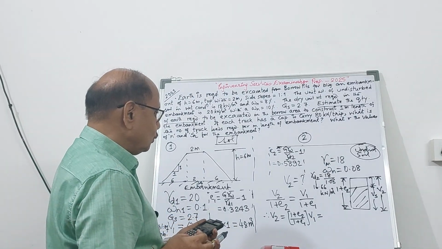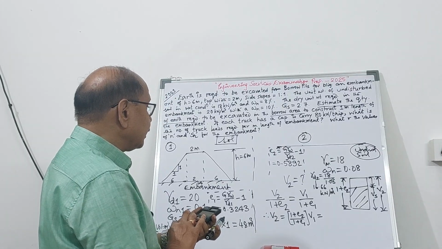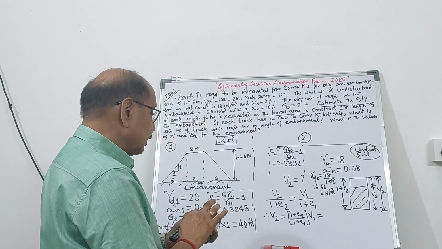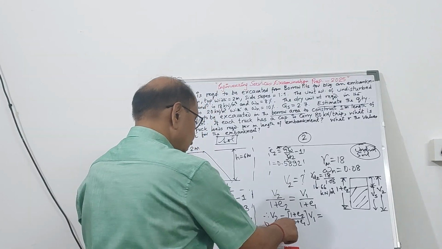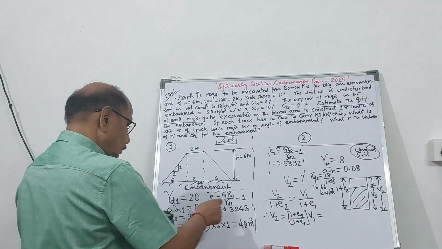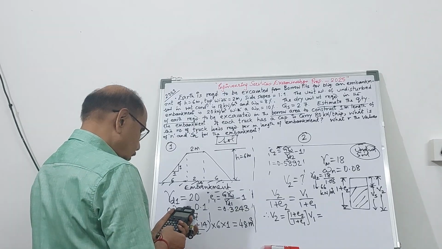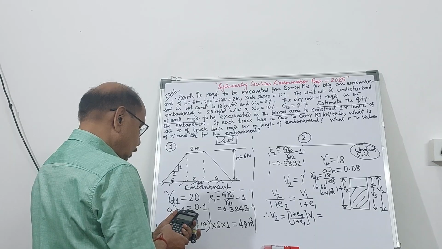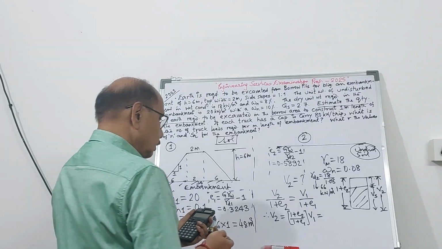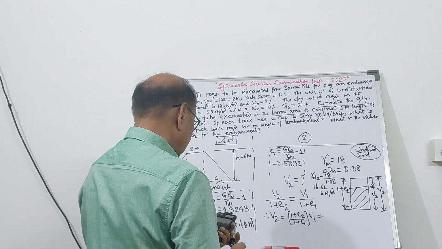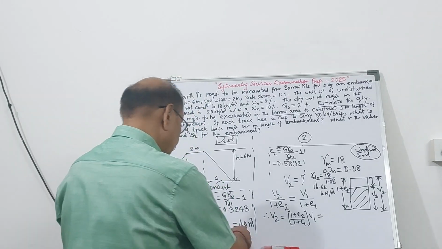So let's calculate this: 1.5892 divided by 1.3243, multiplied by 48.